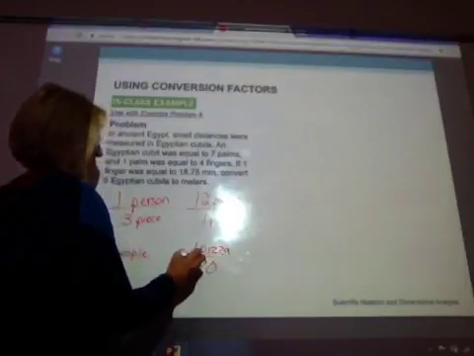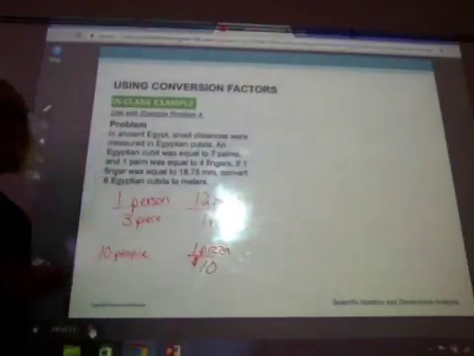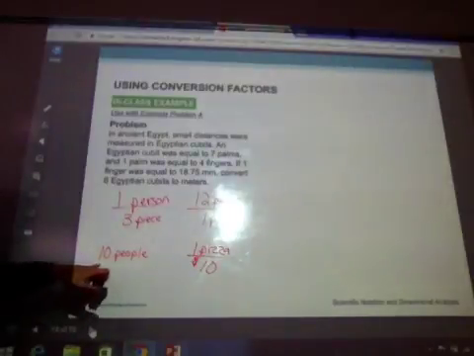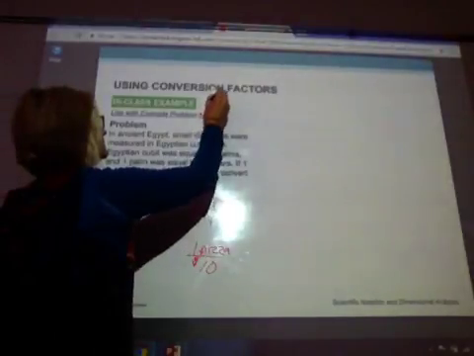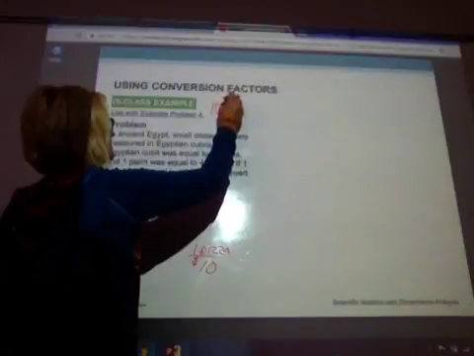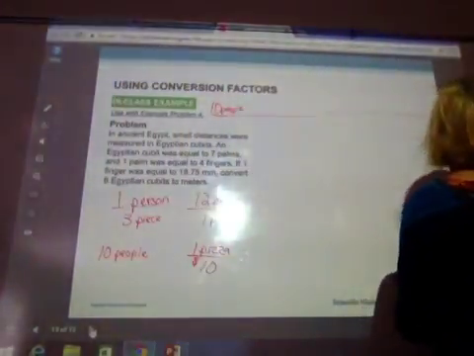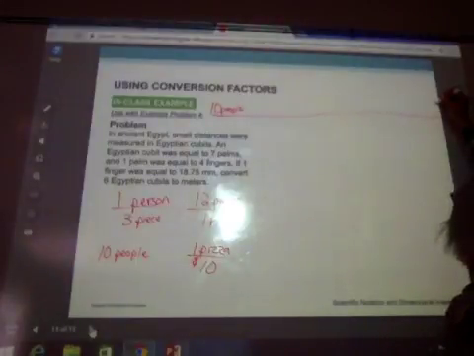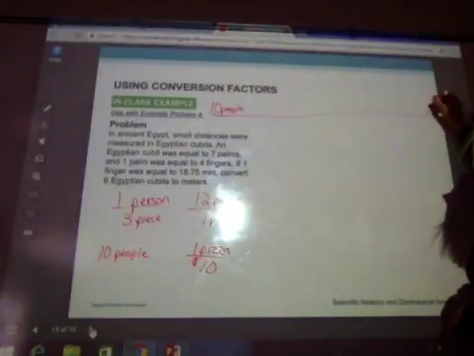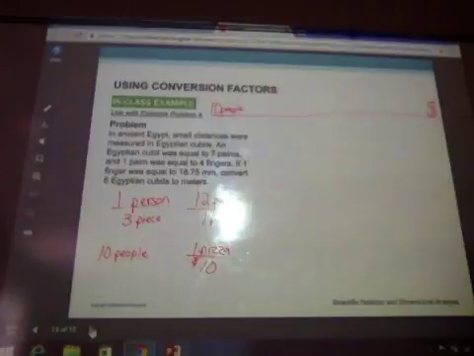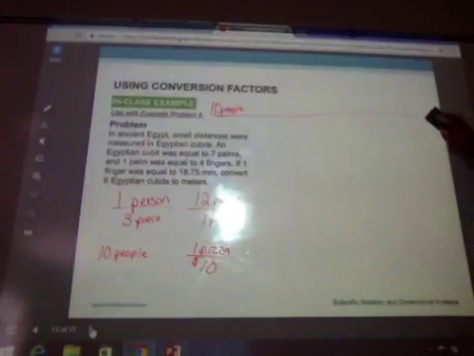Okay, so I have 10 people, and I want to know how much it's going to cost, which will also help me find out how many, or what do you guys want to find? You want to find the number of pizzas first?